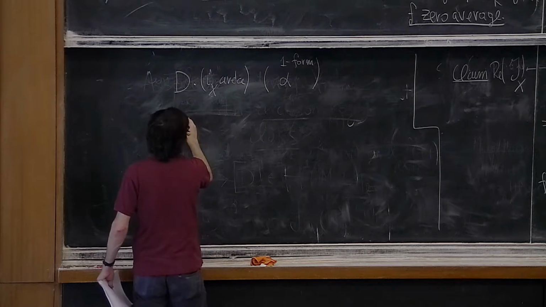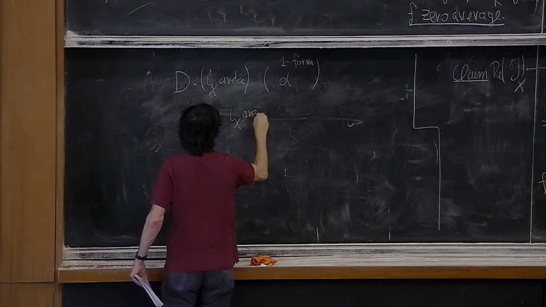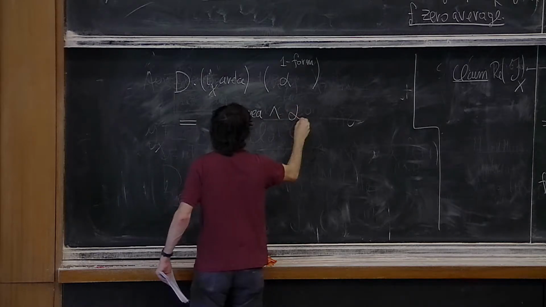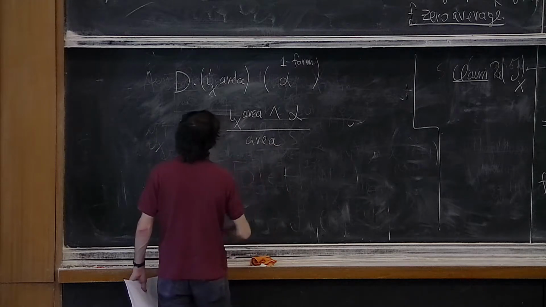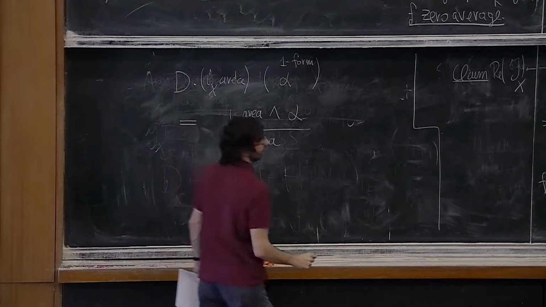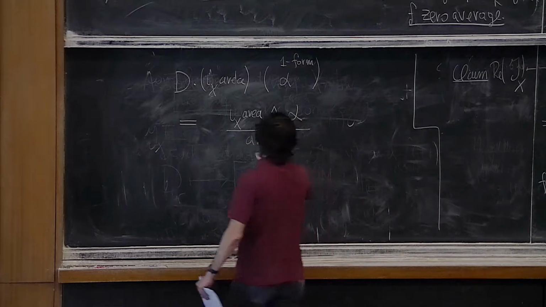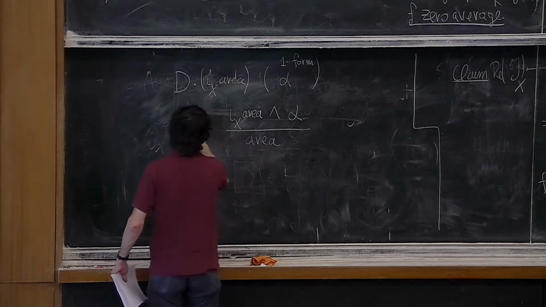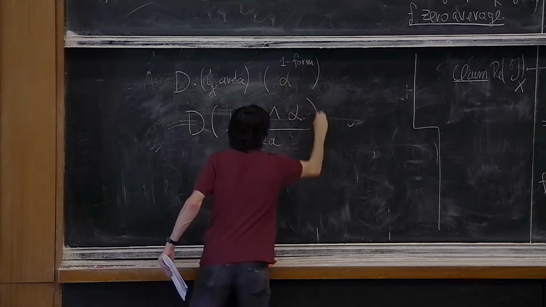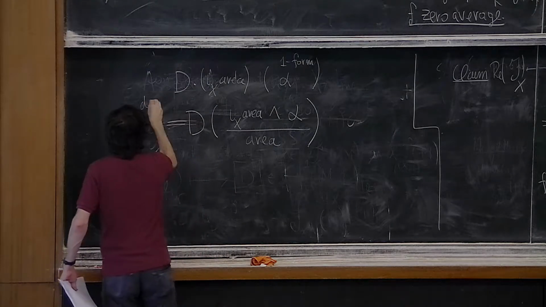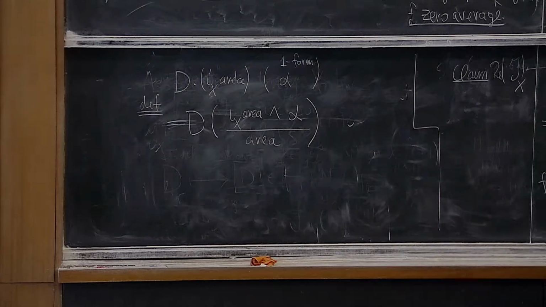So what we do is we take the wedge of these two one forms, we divide by the area. No, we don't divide by the area. Sorry. Yeah, we want to start with the distribution. Yeah, we divide by the area formally, which means we find a function, and then D acts on this function. So this is the definition of the formula that I use here.